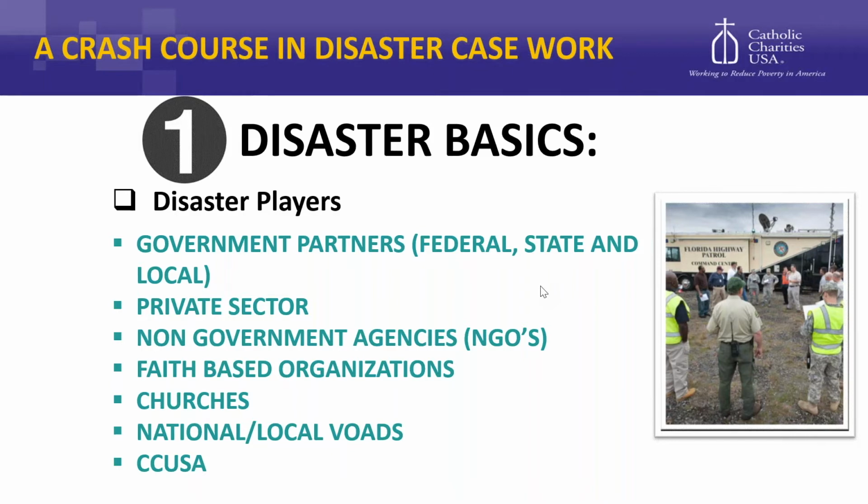You've got faith-based organizations like Catholic Charities USA. You've got churches and synagogues. You've got national and local VOADs. VOADs are voluntary organizations active in disaster, and each state and territory has a VOAD.